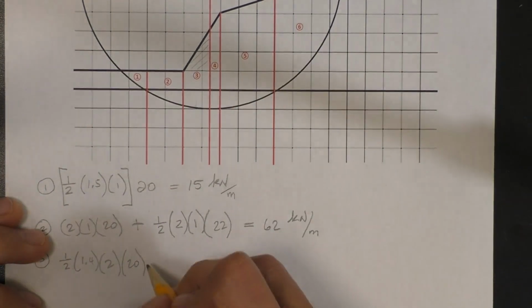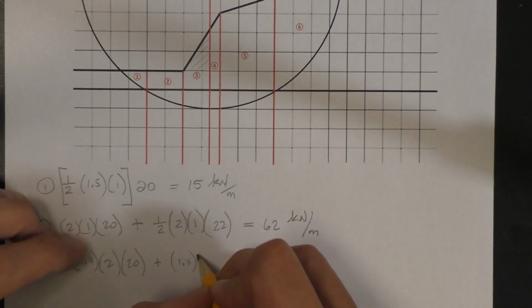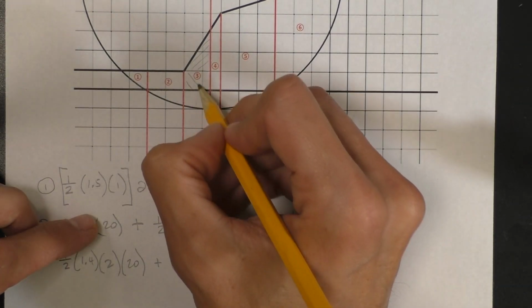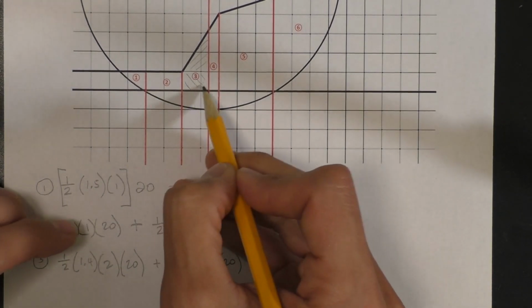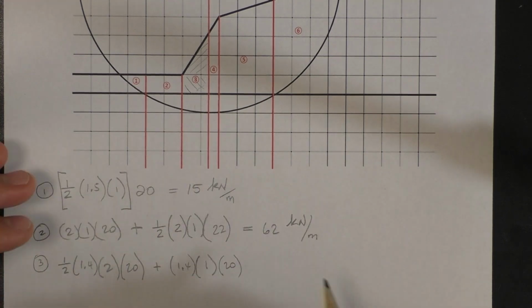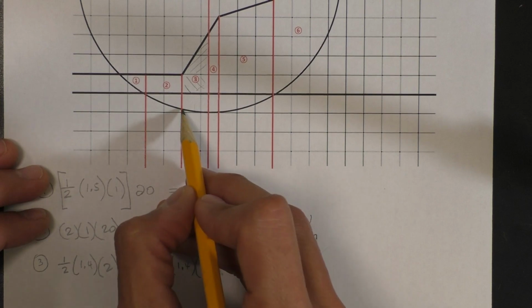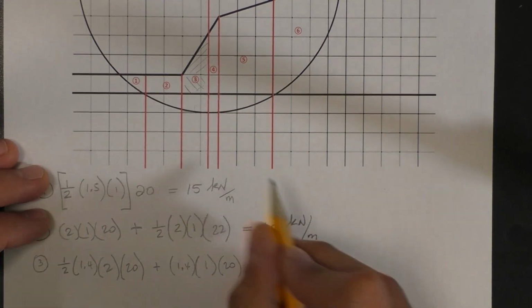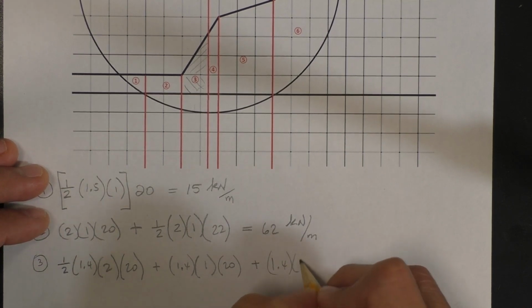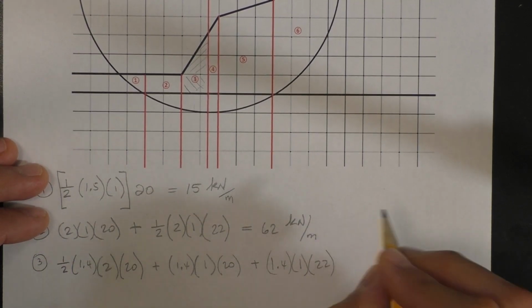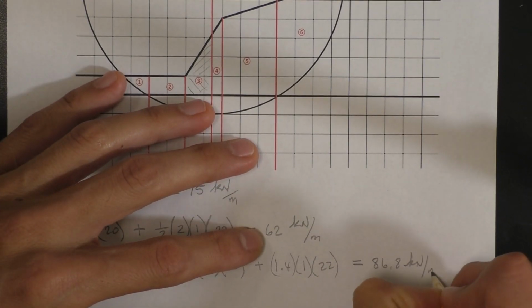Then we have 1.4 times 1 times 20, that's this part. And then we have this bottom part here, which is also, I mean, we're missing this little piece here, but we could say 1.4 times 1 times 22, which is 86.8 kilonewton per meter.